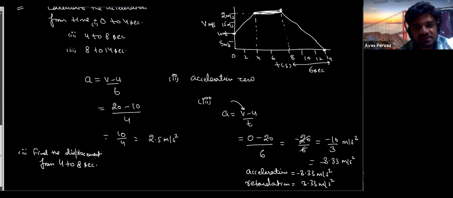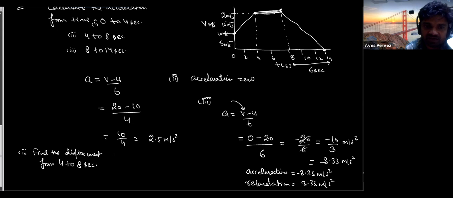How can you find the displacement? So in the VT graph, we know that... Hamna, will you be able to calculate the displacement from 4 to 8 seconds? What is the displacement?